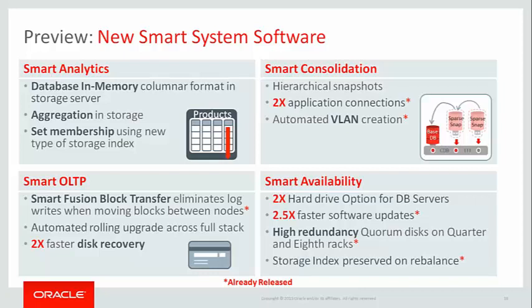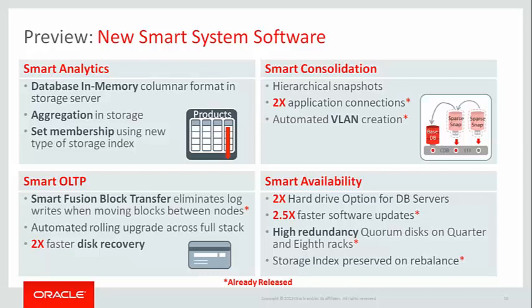The quorum disk is an interesting and important feature. If you have a quarter rack or an eighth rack, and you want to house a voting device in a high redundancy disk group, the voting device needs 5 storage units to have high redundancy, and it was not possible for quarter rack and eighth rack customers.